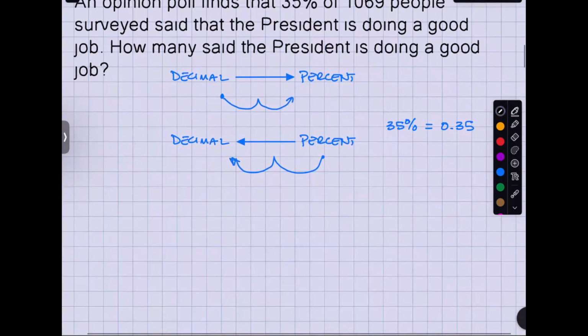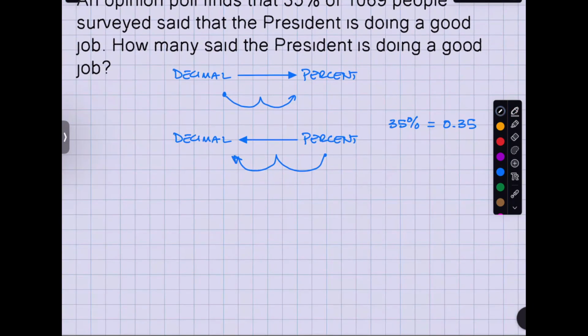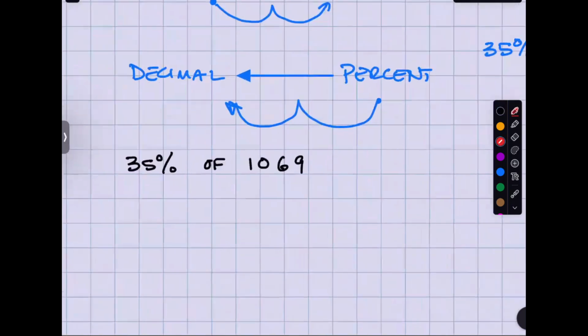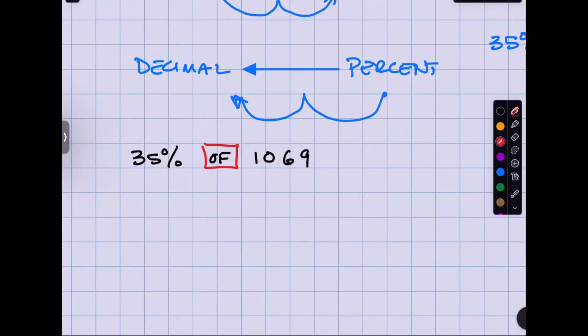So in this case, I'm taking 35% of 1069. And what does the word of mean? It means to multiply.